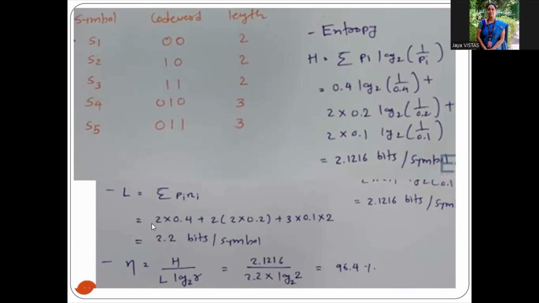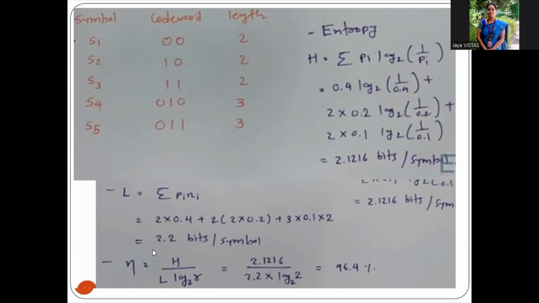So it is 2 into 0.4, where the code word length is 2 and the probability of symbol S1 is 0.4, plus 2 into 0.2 two times, plus 3 into 0.1 two times, because the last two symbols S4 and S5 have 0.1 probability. So we get 2.2 bits per symbol. This is the average length of the code word.